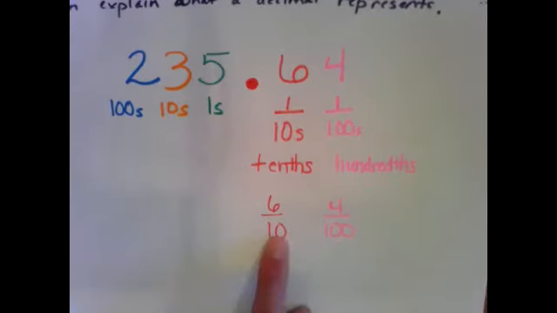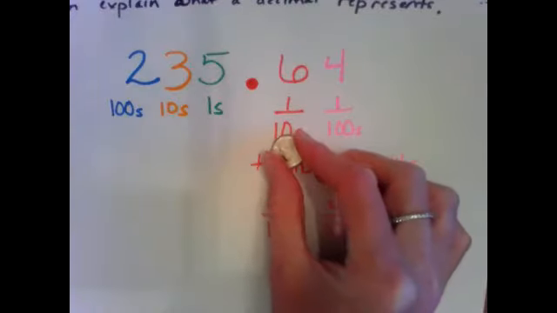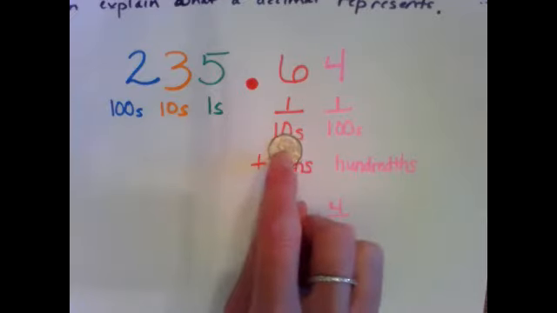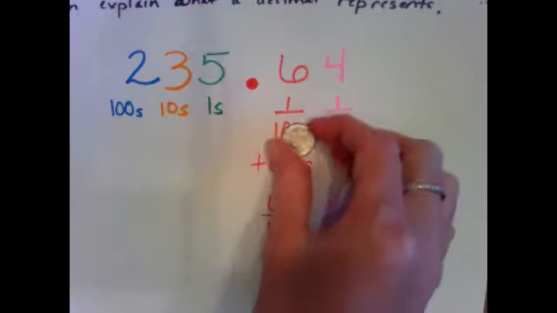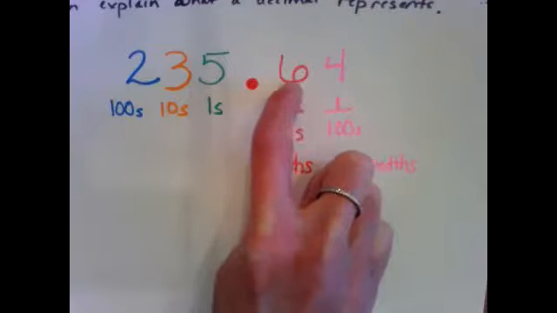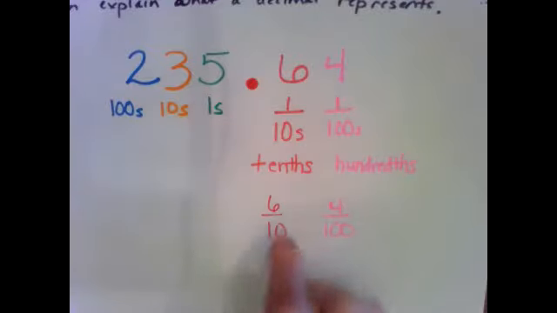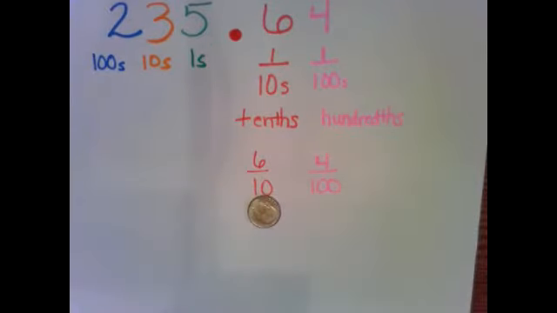When I think of a dollar, and when I know I'm counting by tens, a dime, think for a moment, fourth graders, how many of these dimes do we need to make a dollar? Hopefully you answered 10. So if we were going to represent the 6/10ths, or 6 out of 10, that really would be 6 dimes.